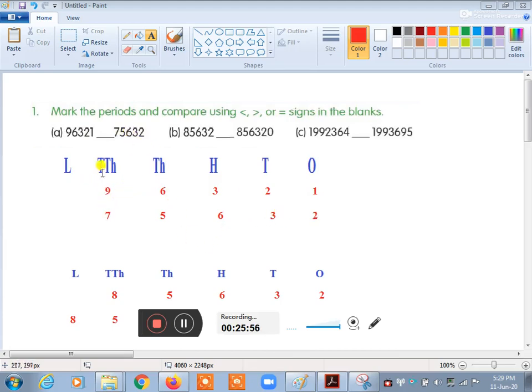Both are 5 digit numbers, so we have to compare with the left side. In the 10,000 place, here is the 9, here is the 7. So 9 is greater than 7. So 96,321 is greater than 75,632. So we have to put here greater sign.